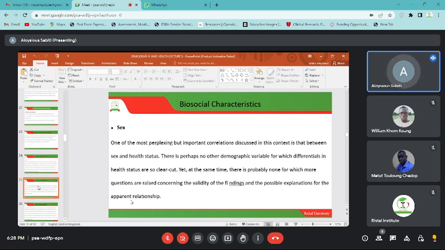So if there are more females than males, then we can start to try and understand or analyze these differentials. We may not necessarily come to a conclusion or have a possible explanation as to why more females or males have a cancer differential.